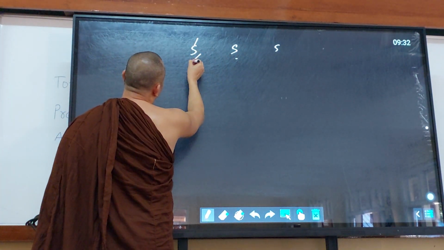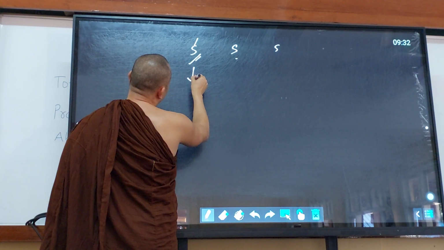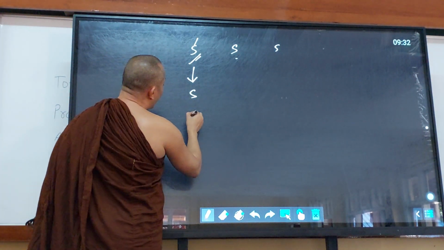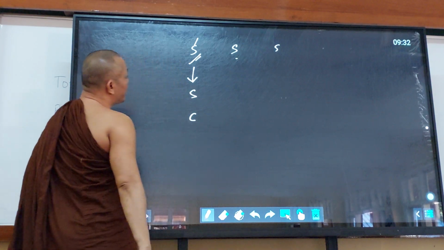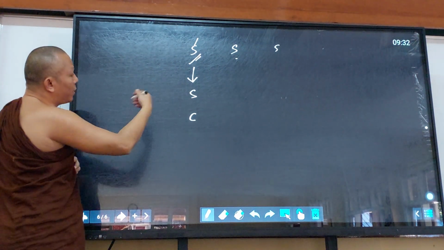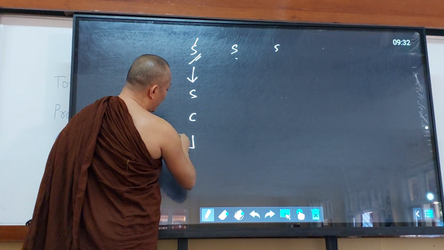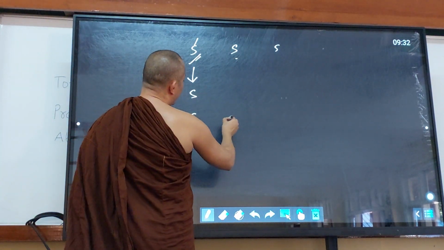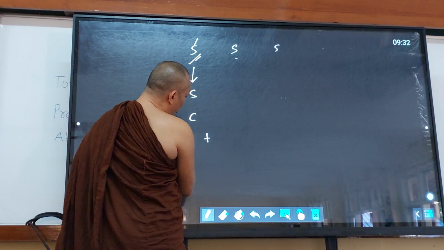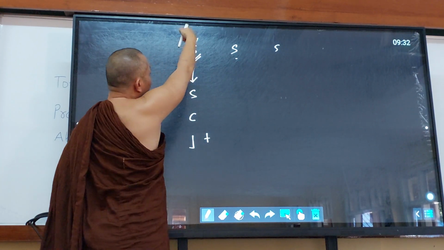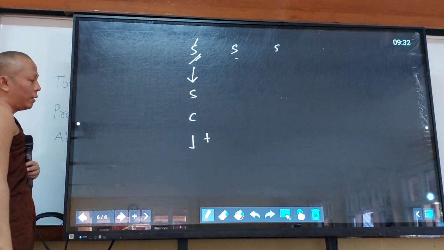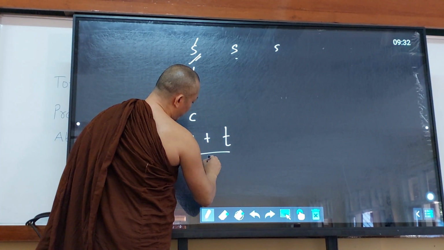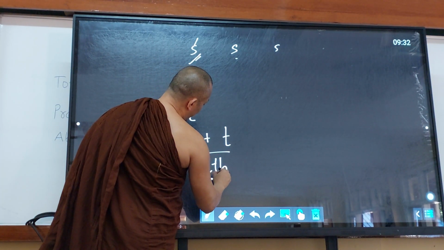So this sha in Pali sometimes appears as sa, sometimes appears as ja, and also sometimes is connected with the ja. So this ja is not originally ja, coming as a replacement for the sha, joining with the da. So at the time this ja becomes ta, it can be understood in this way.